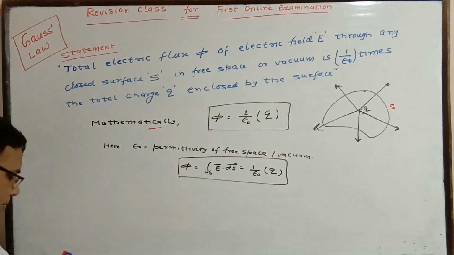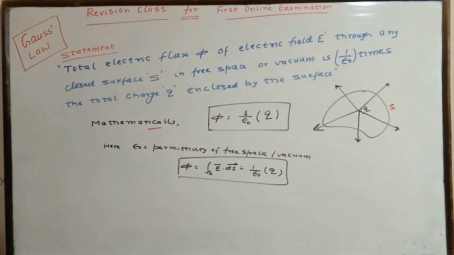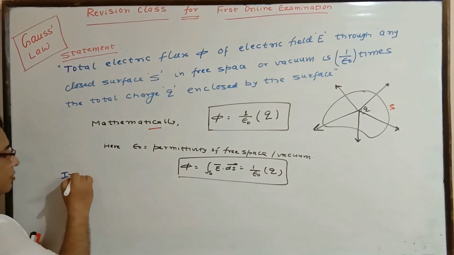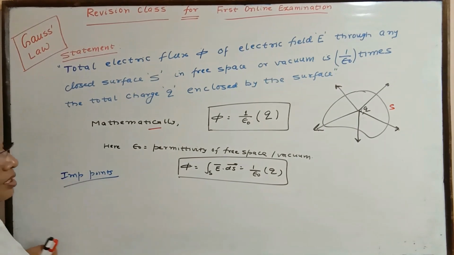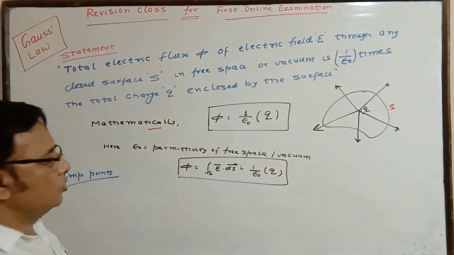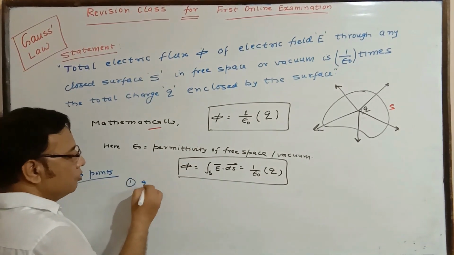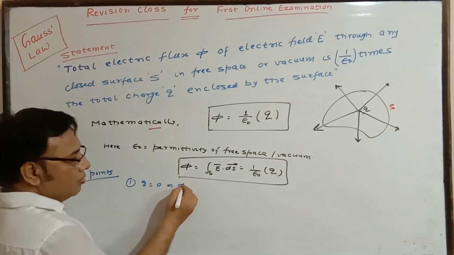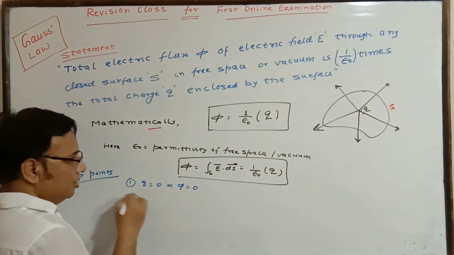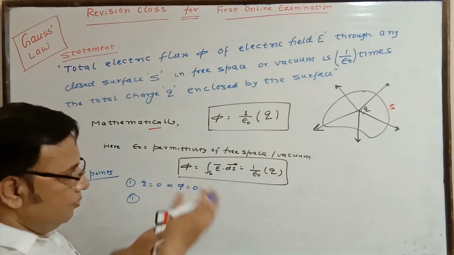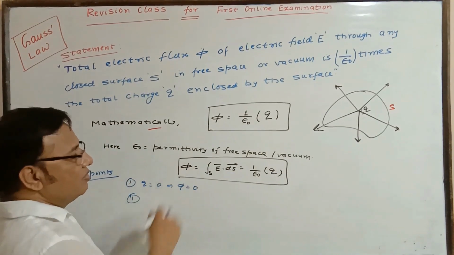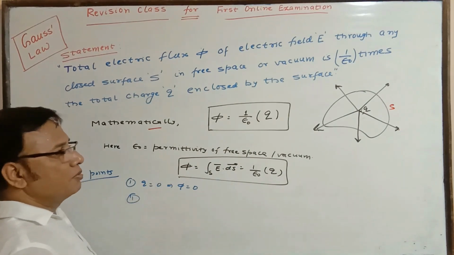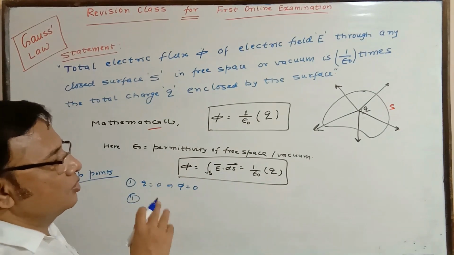There are a number of important points related to this. First, if no charge is enclosed, Q is equal to 0, so the flux is equal to 0. Second, this law is true for all shapes and sizes of the given enclosed surface. Irrespective of shape or size, this is true.